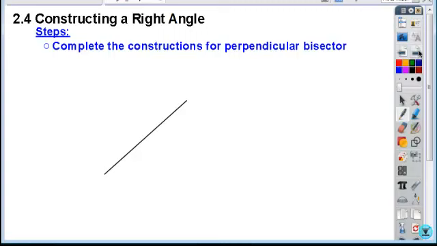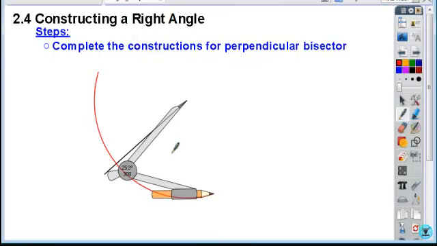If all you're asked to do is construct a right angle, it doesn't matter which method you use, so the easiest method to use is just going to be that of the perpendicular bisector. Okay, so the reminder for this: if you construct a perpendicular bisector of a segment, you're going to place your compass tip on one endpoint, widen the compass so that it extends beyond the halfway point, or the midpoint, of your segment.